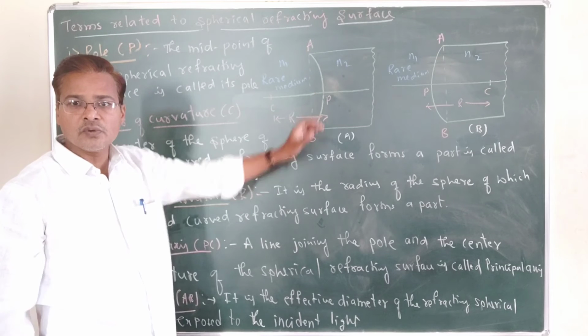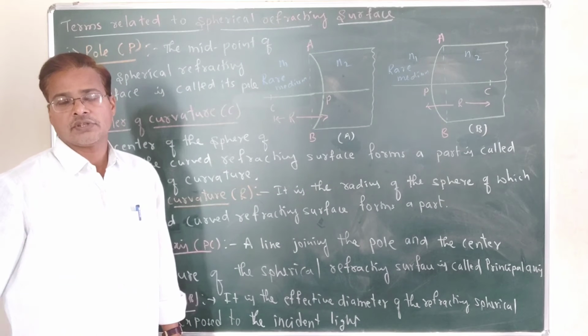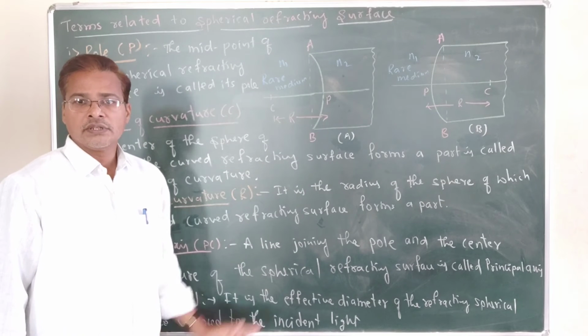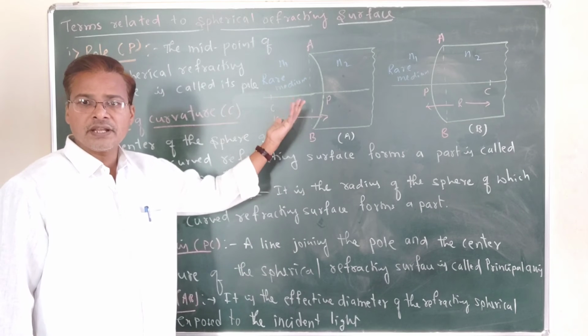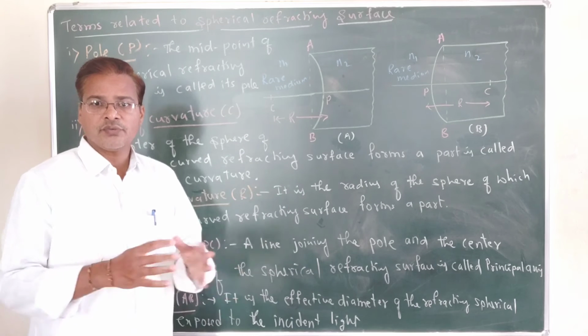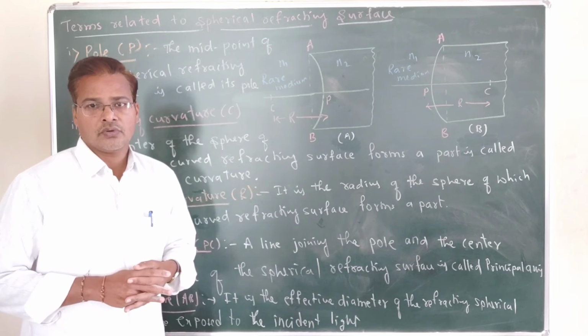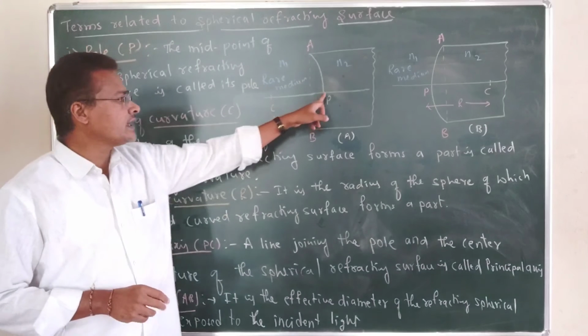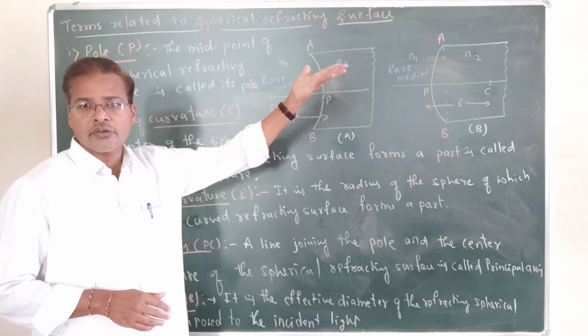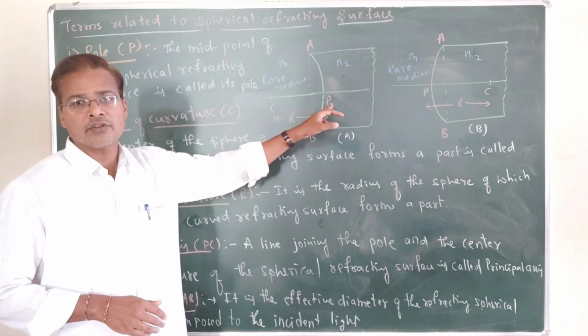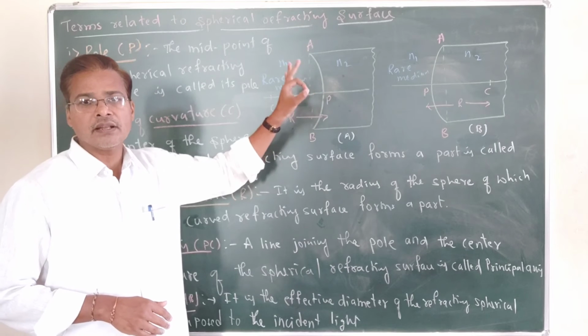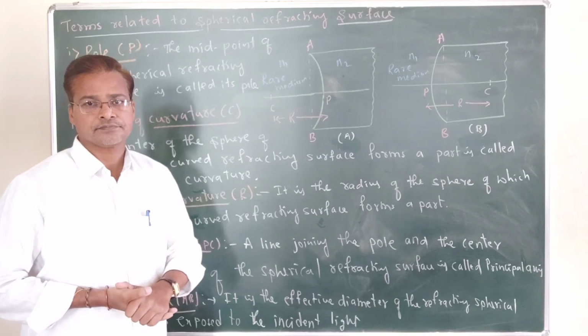This is the spherical surface, and its midpoint is what we call the pole, or the center of the spherical refracting surface. Whether you take the concave or the convex surface, it is the same: the pole is the midpoint of the spherical refracting surface.